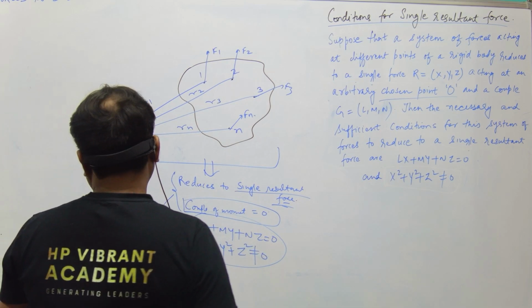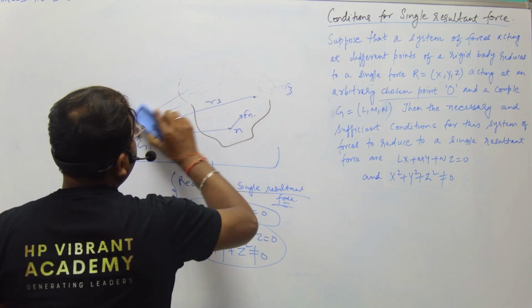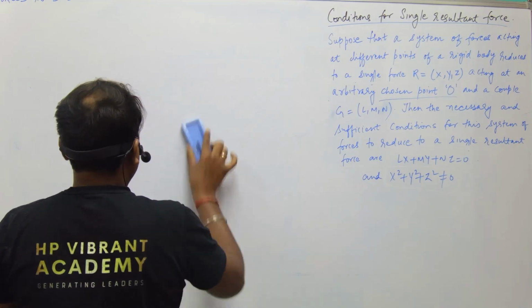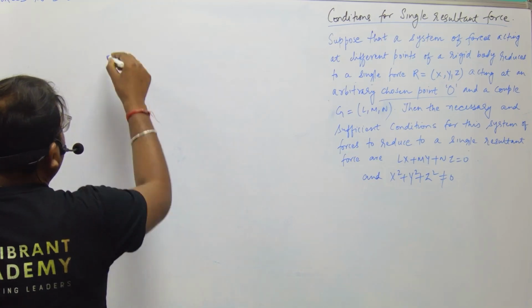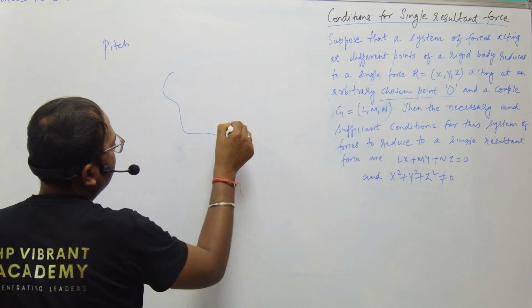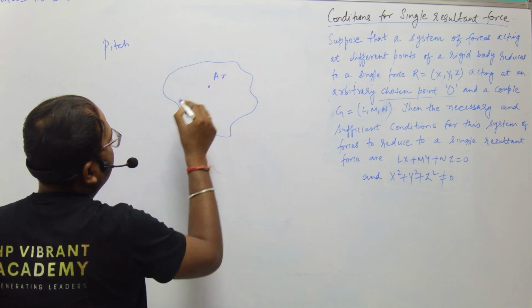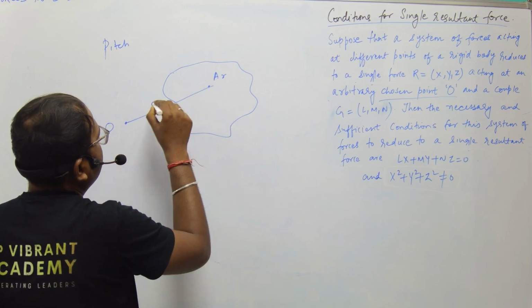Now let us recall our discussion on the pitch. Let us calculate pitch. Let us consider a rigid body like this, and we have an arbitrarily chosen point A. The position vector with respect to O, the base point, is R vector.